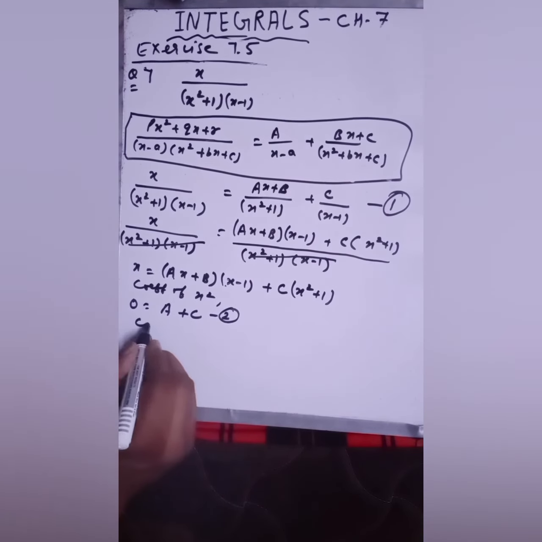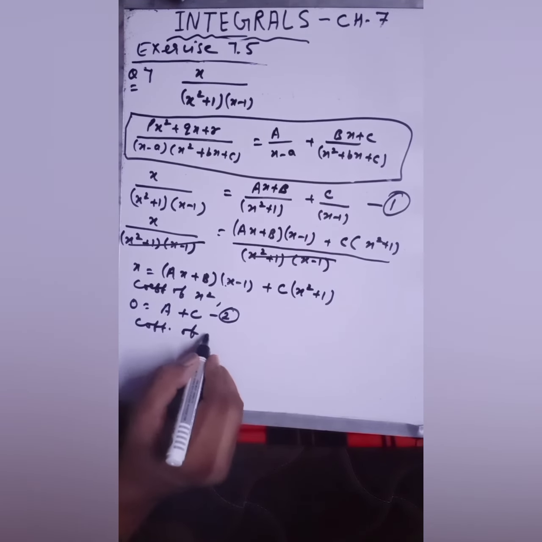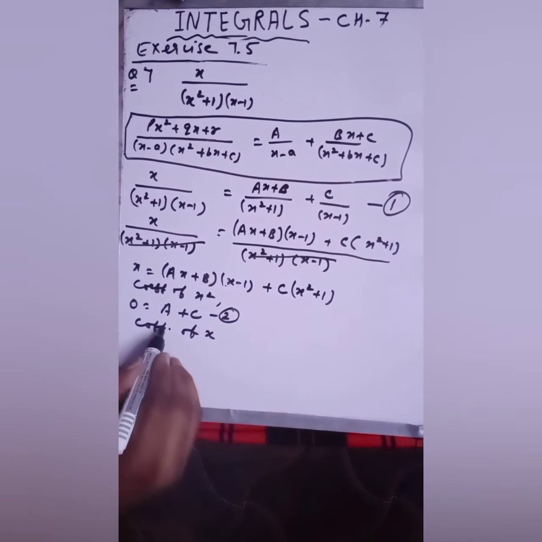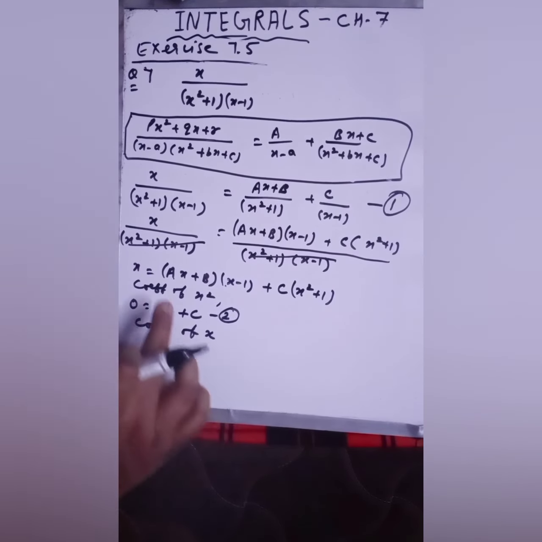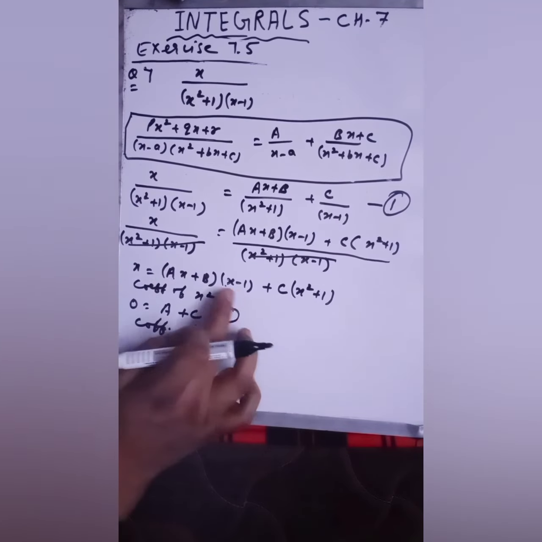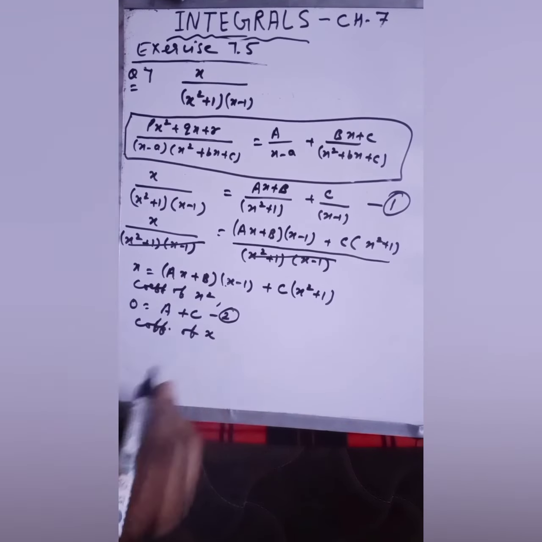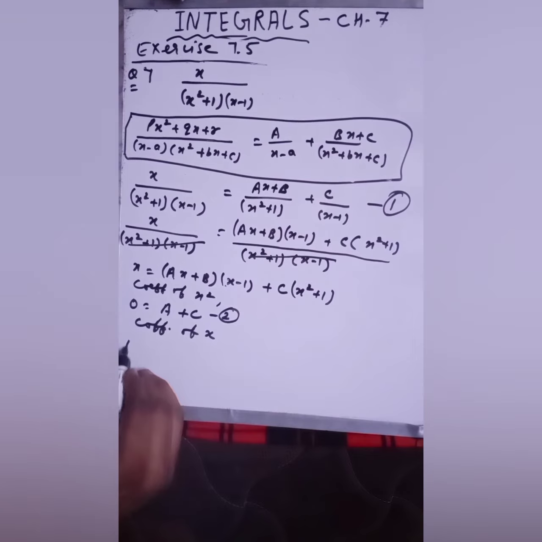Now I am comparing the coefficient of x only. I am not writing the full word coefficient, I am just writing COFF to understand. Please understand it. Okay, coefficient of x. So here the coefficient of x is 1 on your left hand side.